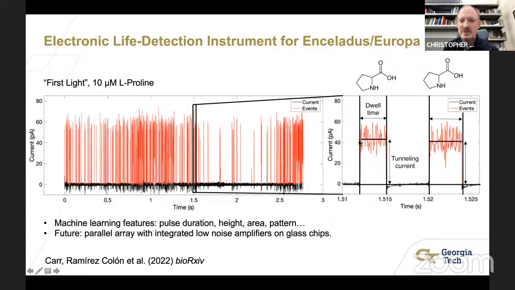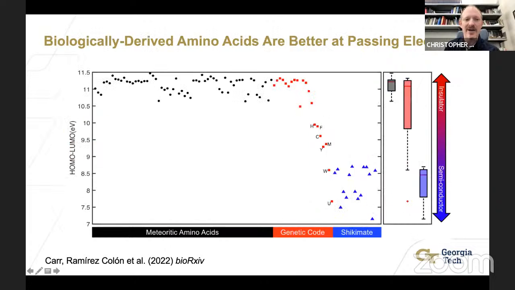And we can also apply machine learning approaches to looking at different amino acids. This would allow us to characterize the conductance of different amino acids, which our collaborators have already done. We used that and looked at when these different amino acids were fixed into the genetic code.